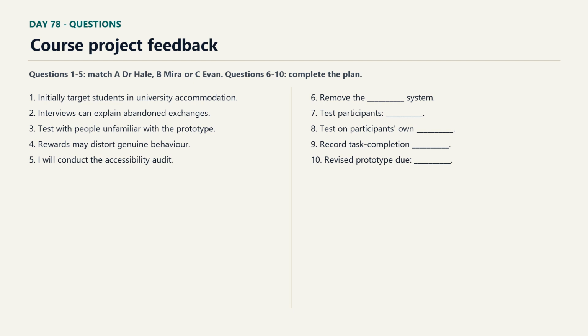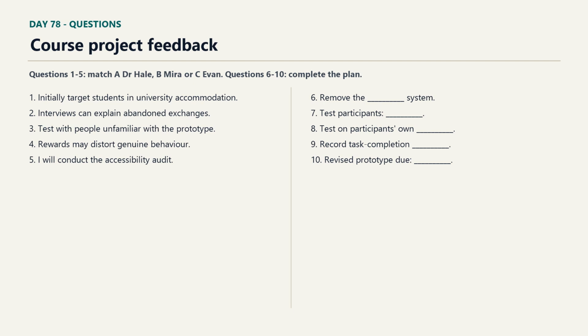A points system could distort genuine behavior. Users might list unnecessary items, divide one offer into several listings, or collect food they do not need simply to increase their score. Then our test would measure competition for points rather than whether the exchange solves a food waste problem. Exactly.